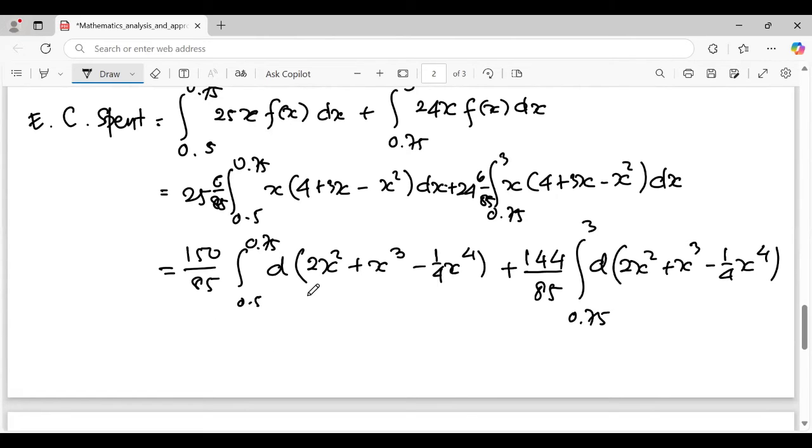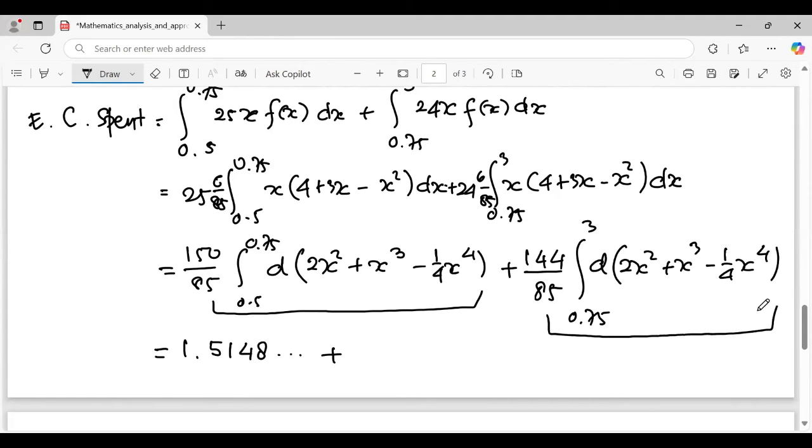If you calculate this part, I have calculated it, the result is 1.5148 and so on. And if you calculate this part, substituting 3 and 0.75 into these expressions, you can get the result 39.4428 and so on.